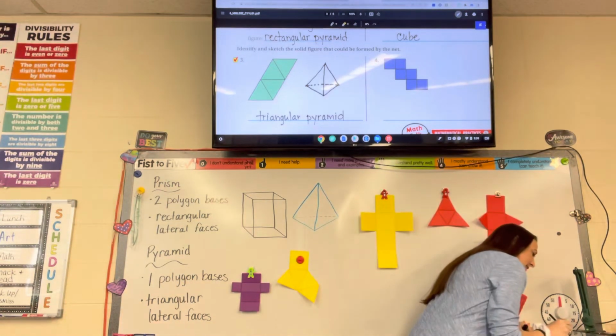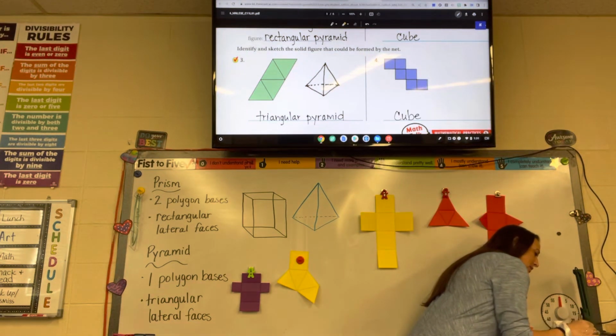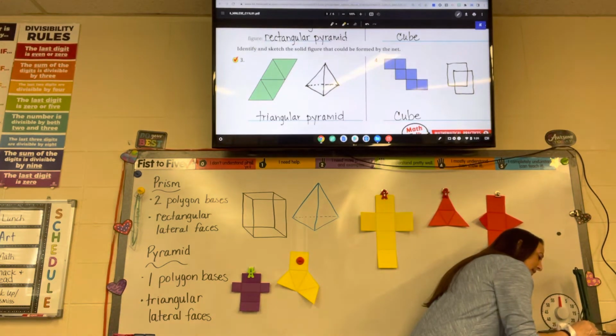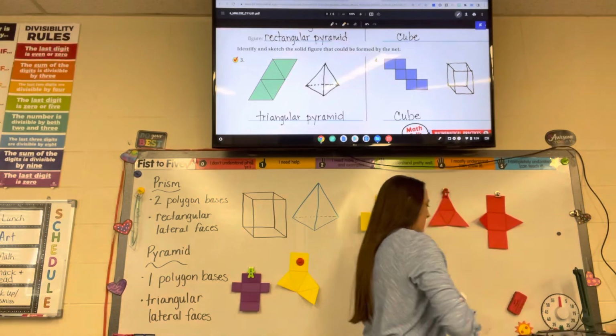This is a cube because it has 6 squares. So to draw a 3D cube, you draw a square, and then you draw another square overlapping the first one, and then you connect them with 1 line, 2 lines, 3 lines, 4 lines. Boom.